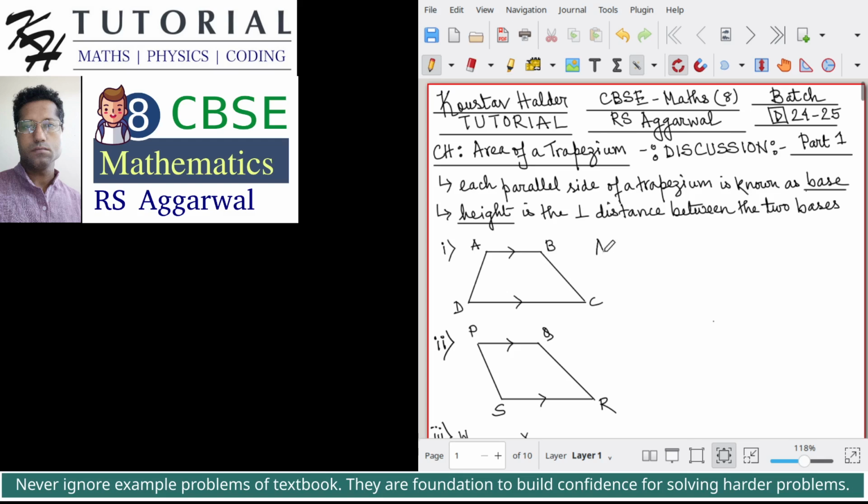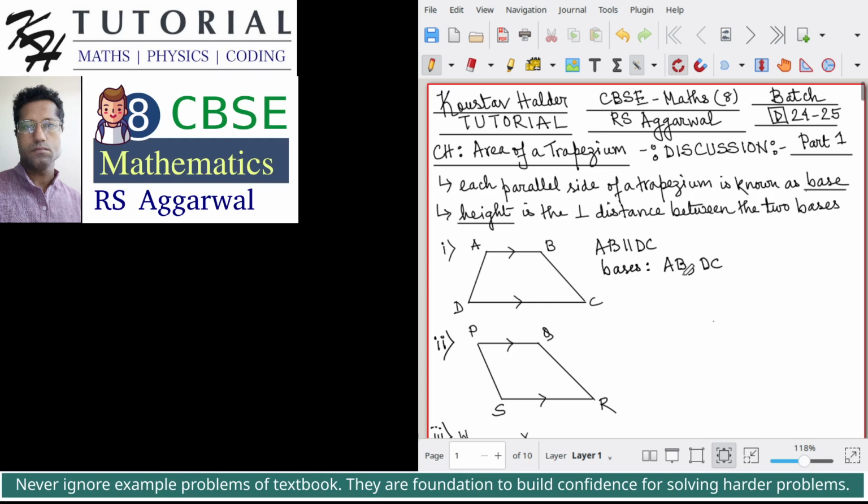So for this trapezium there are two bases, that is the pair of opposite parallel sides. The bases are AB and DC.